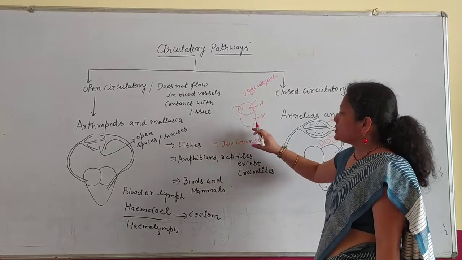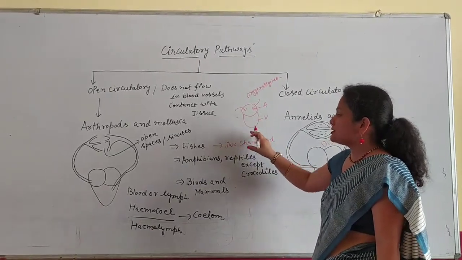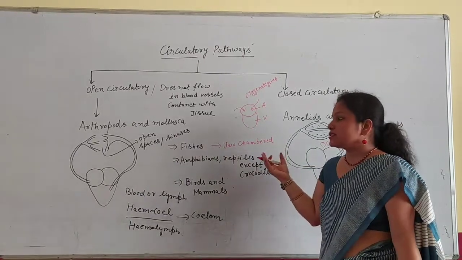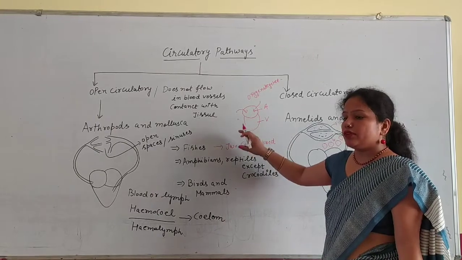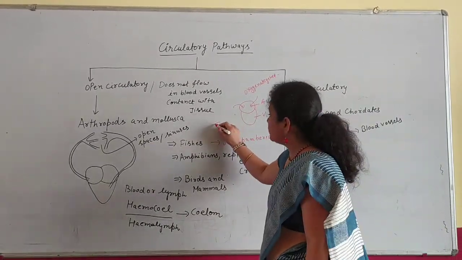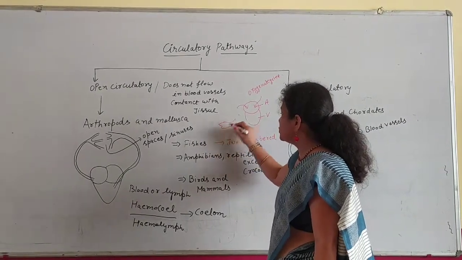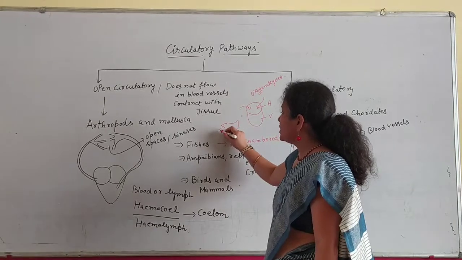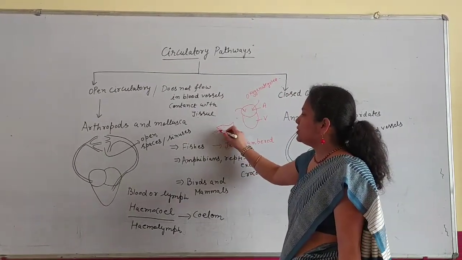In the case of fishes, the exchange of gases from the blood takes place from the surface of the gills. Because the gills have the water supply, firstly the fishes open their mouth. I am drawing the diagram of a fish. Why does the fish open its mouth, why is it drinking water?